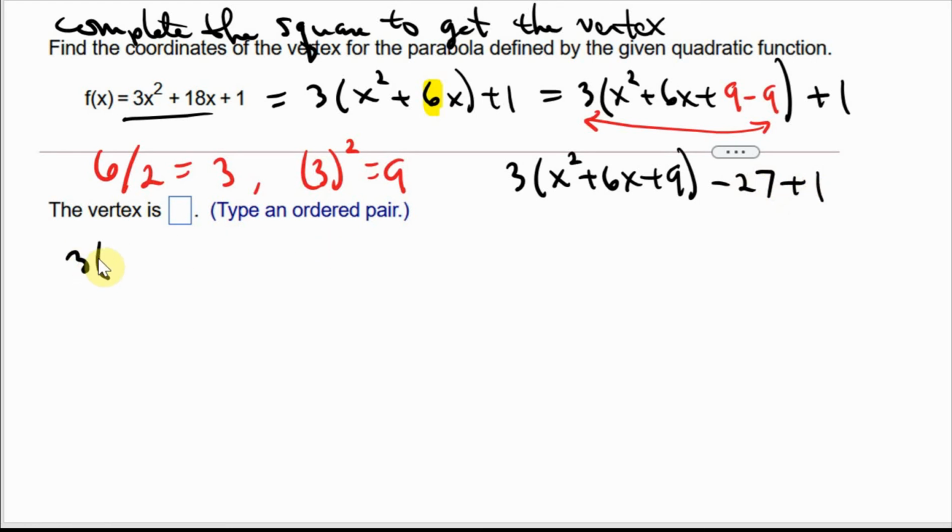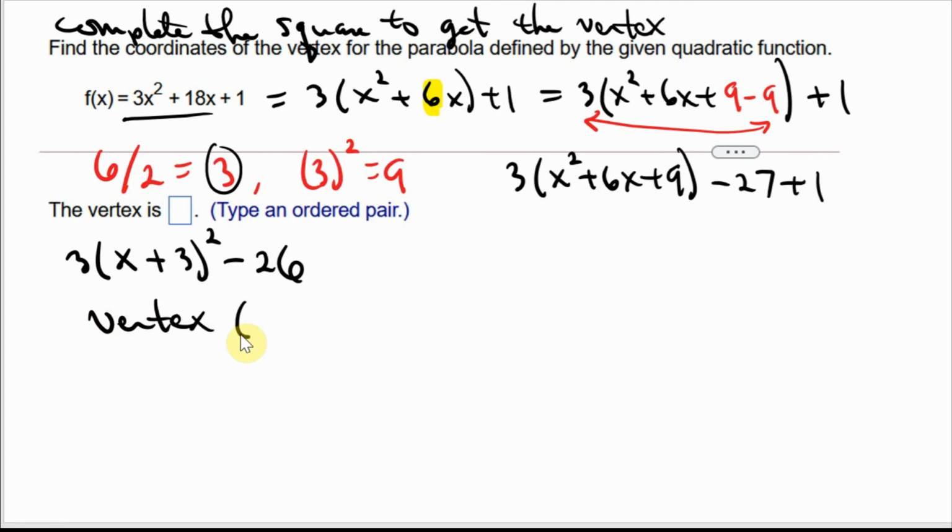And then we can factor the parentheses, it's a perfect square trinomial. It is always the x plus that number there that you worked on, right? So it's x plus 3 all to be squared. This is minus 26. So the vertex is negative 3 comma negative 26.